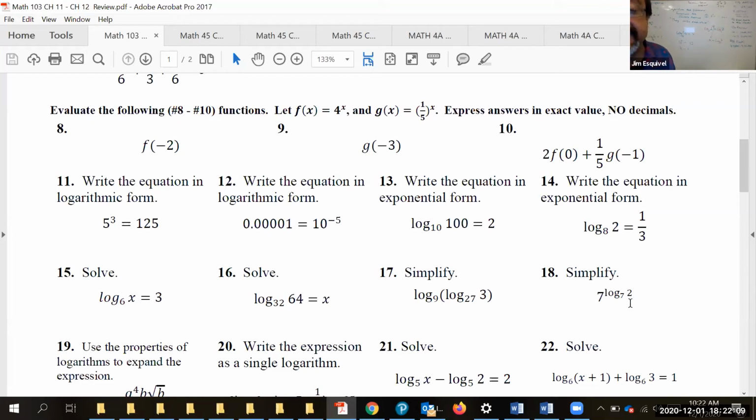Since the bases are the same, the answer is just what? 1? No, it's not log base 7 of 7, it's 7 to log base 7 of 2. So we're talking property number 3.